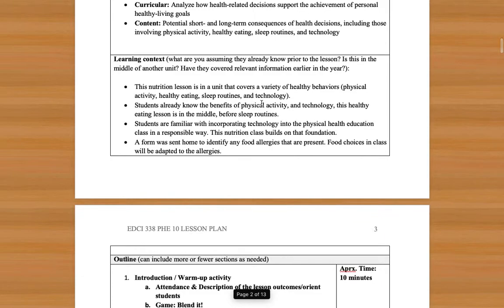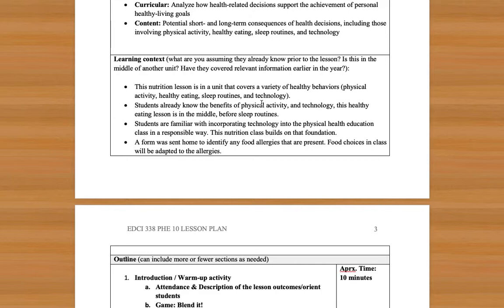So the learning context here is that I'm just explaining some of the things that I think the students will have already learned, or maybe things to be aware of. As I mentioned before, the lesson is in a unit that covers a variety of healthy behaviors, and students know the benefits of physical activity, technology, so that's kind of the platform I'm building off of to create a lesson that uses technology and social media in a physical and health education class.